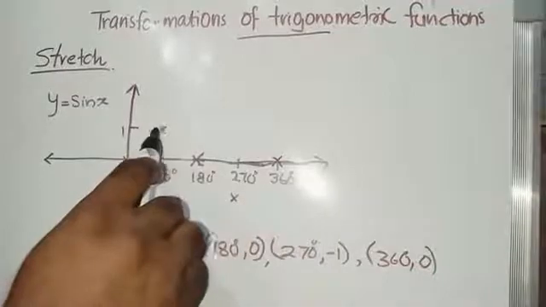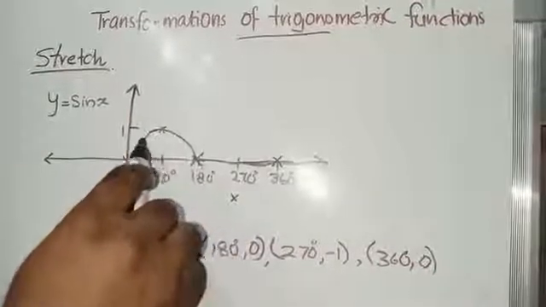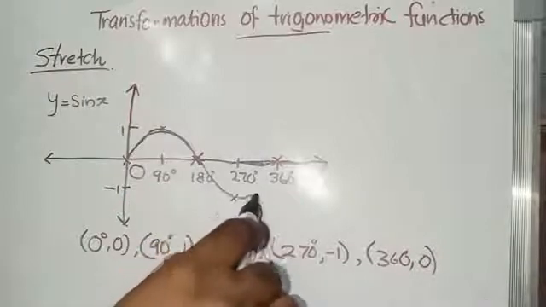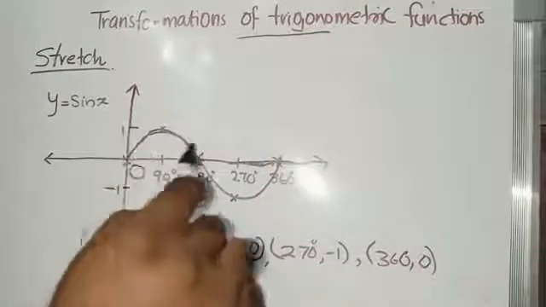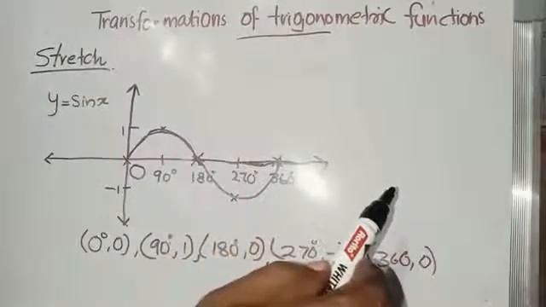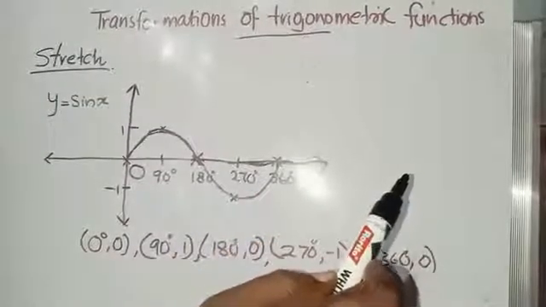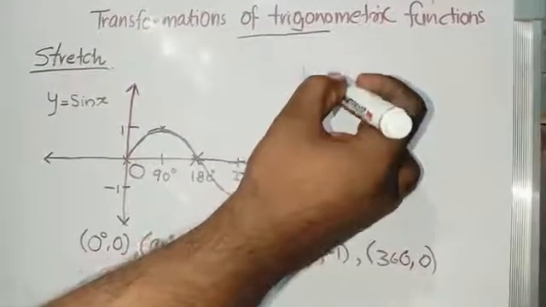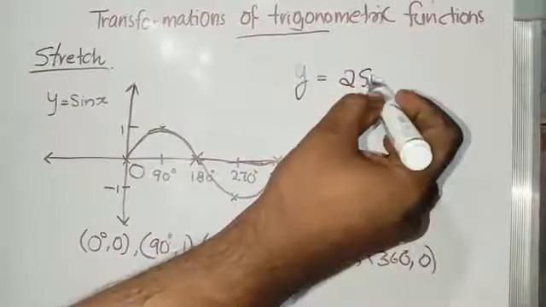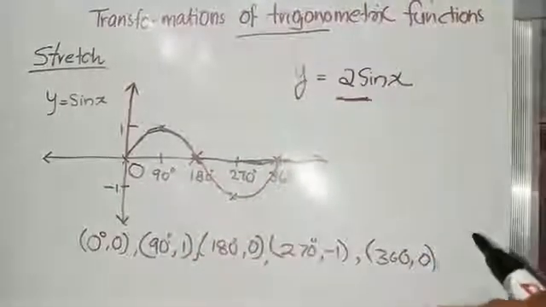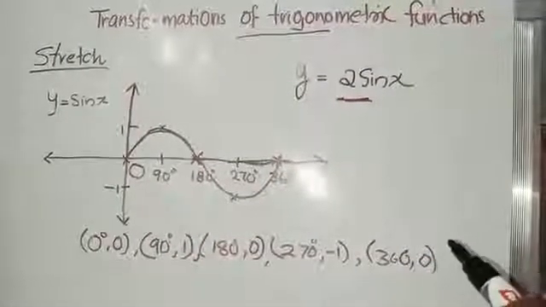When you join these points, we form a smooth curve. We know that is the corresponding graph of y is equal to sin x. Now let's stretch it vertically as y is equal to 2 sin x and see what change happens.